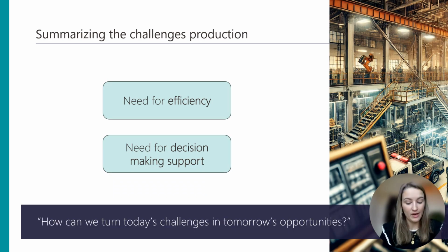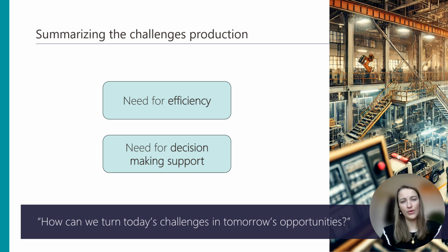Well, I did not explain all the challenges yet, but if I have to summarize these challenges, I think most of the challenges are always related to either the need to become more efficient, so doing the same with less resources, or doing things faster. So that's some efficiency improvement.